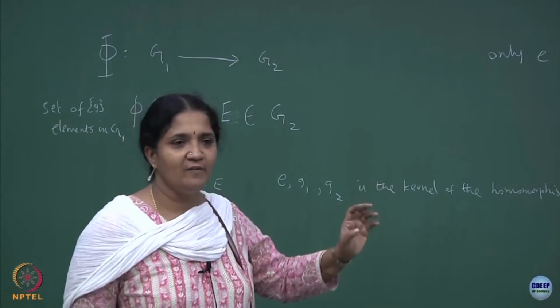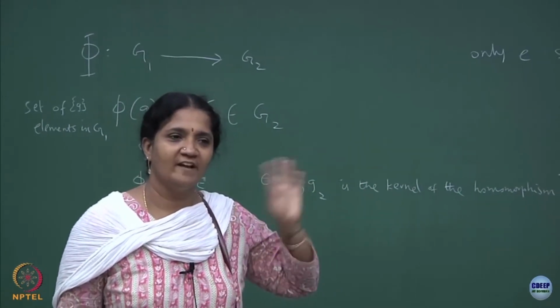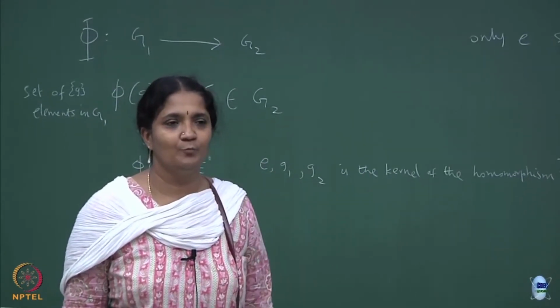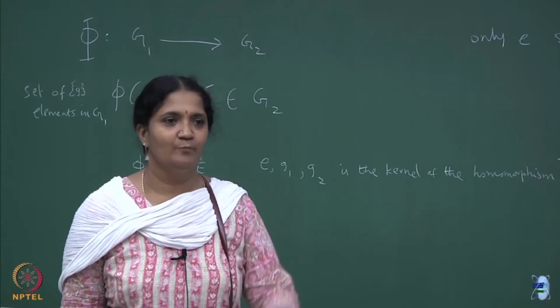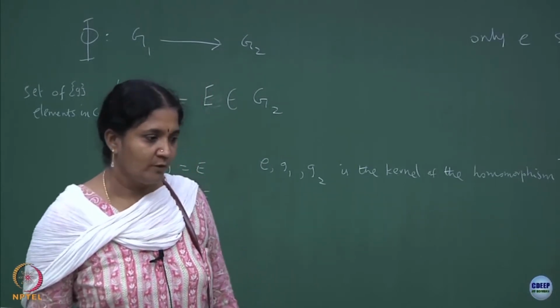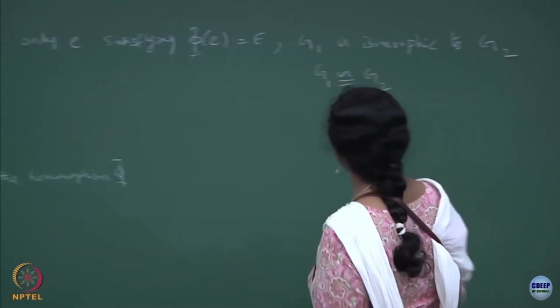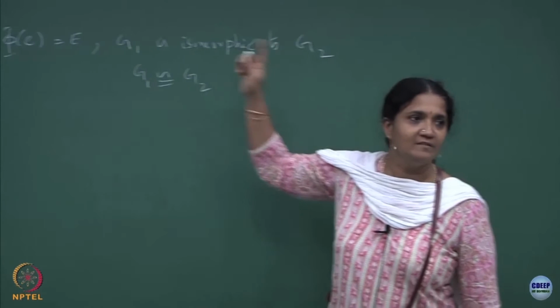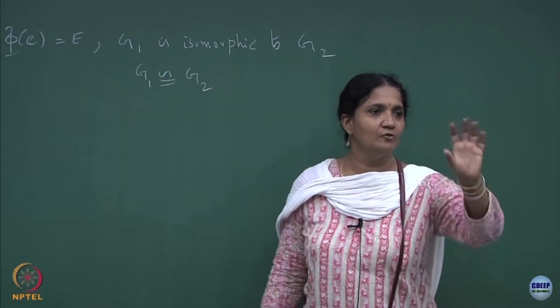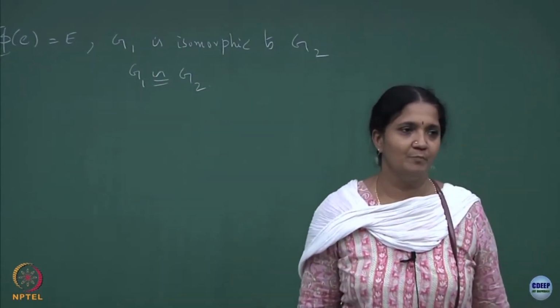Once this is satisfied, those things will also be not satisfied because of the group properties. You can disprove it. Okay. So, this is a very stringent condition. Once I put this condition, all those 2 to 1 mapping and all will never be possible.